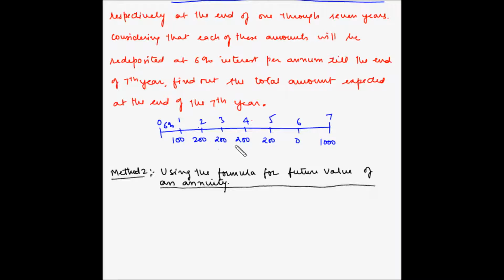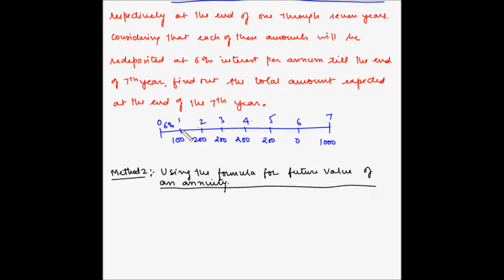Now, if we look at this uneven cash flow, we see that from years 2 through 5, we have a constant equal stream of payments, which is 200, 200, 200, 200. So this part can be treated as an annuity.